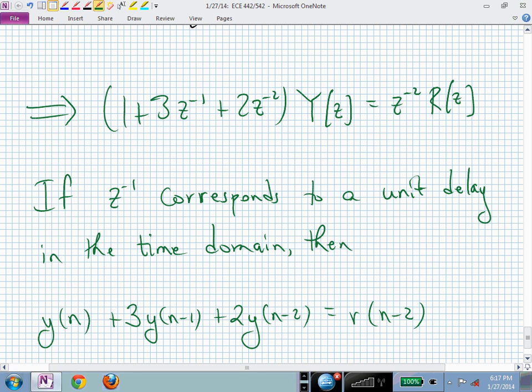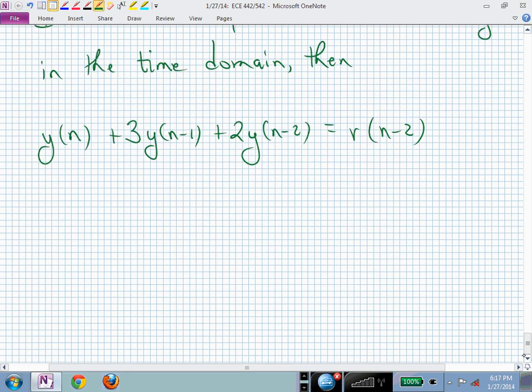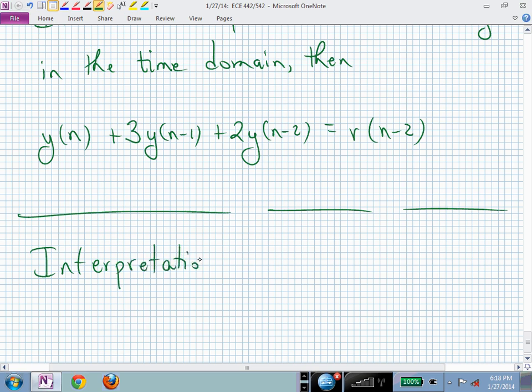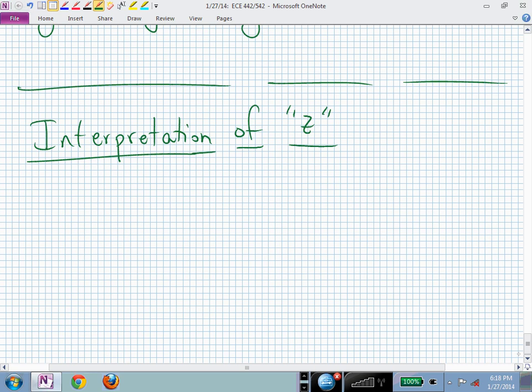Now that we've been throwing these z's around, let's try to get a feel for interpreting that or understanding that a little bit more. So now let's look at this interpretation of z. Always keep in mind that z is a complex value. It's a complex variable.